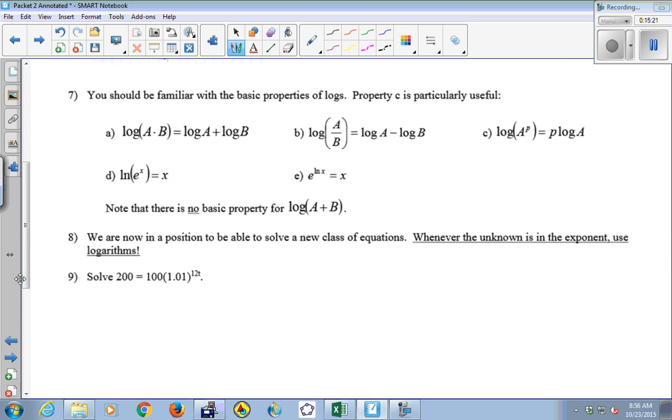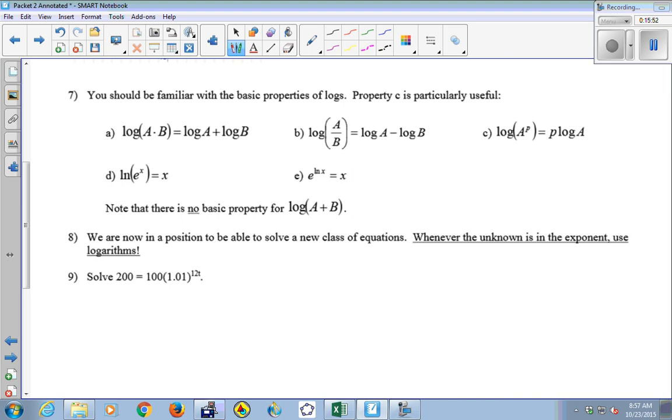Okay, so there are 5 basic properties of logarithms that can be useful when you're trying to manipulate something, doing some algebra, solving an equation, or taking a derivative. If you want to take the log of a product, that breaks into the log of A plus the log of B. That feels weird, but think about how logarithms are exponentials.